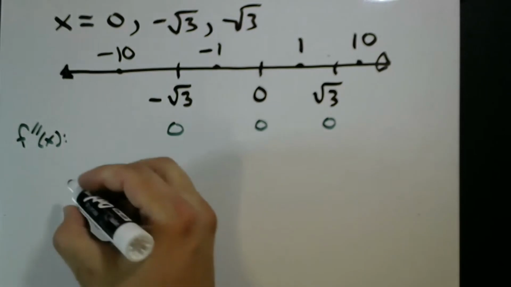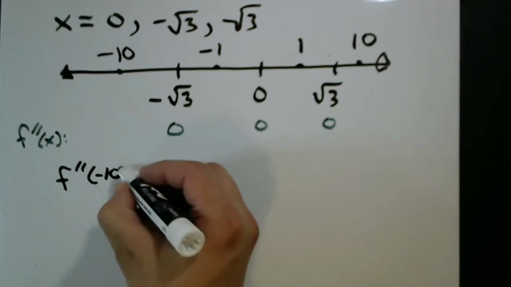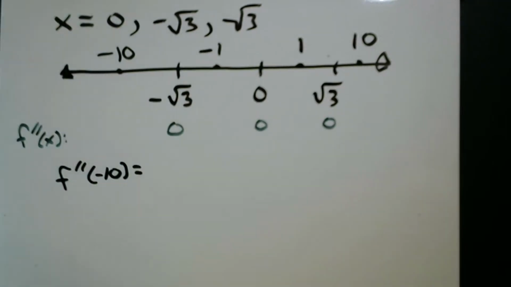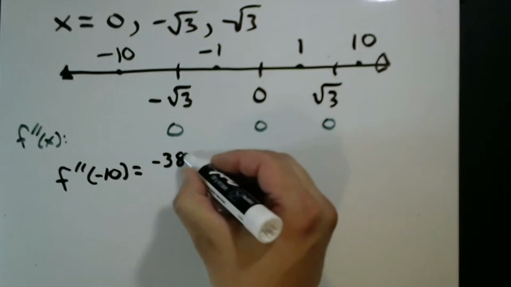So let's test f double prime of -10. If we plug in -10 into our second derivative, we're going to get this.